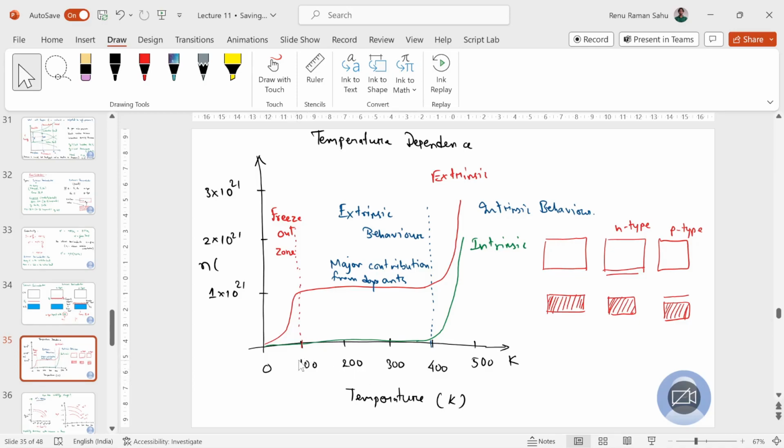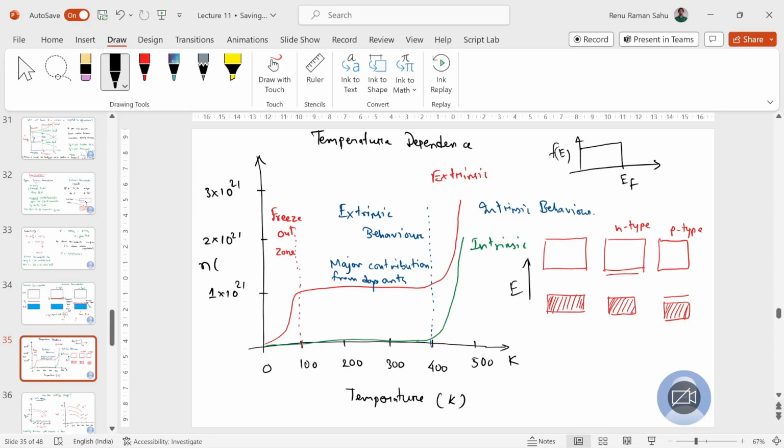When we increase the temperature, what will happen? At very low temperature, all the electrons are frozen in their ground state. I don't know if you remember: here this is energy E, and we had F of E, the occupation probability, with EF.